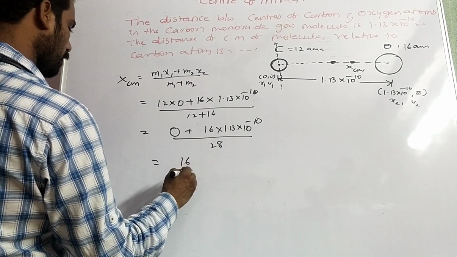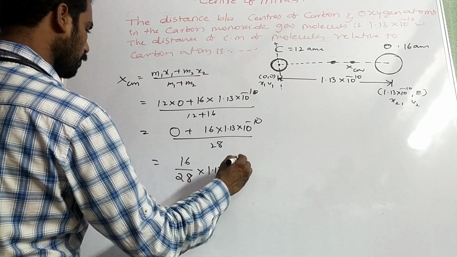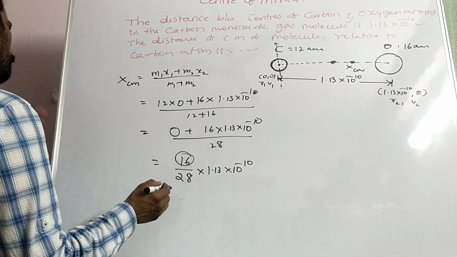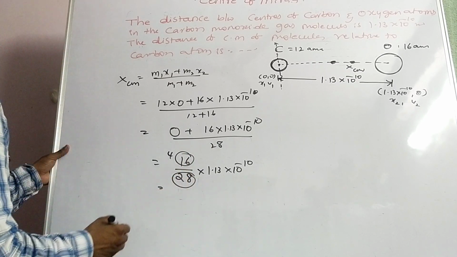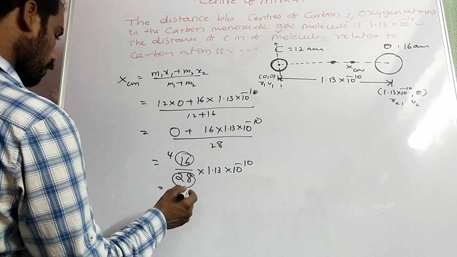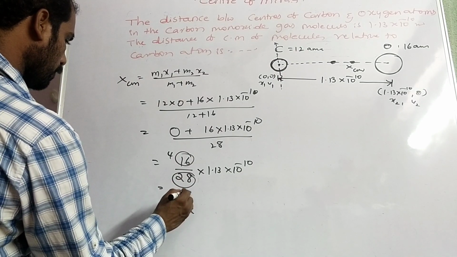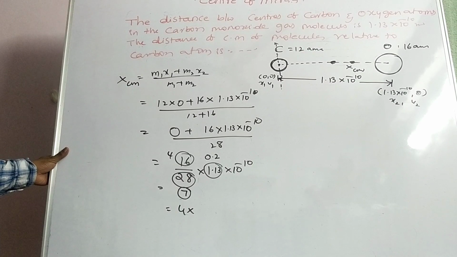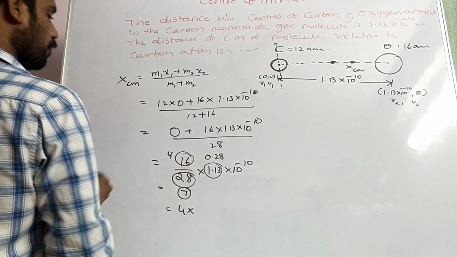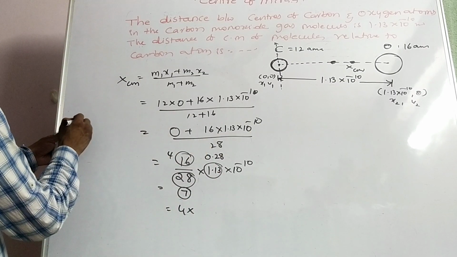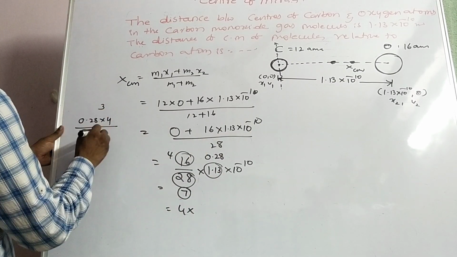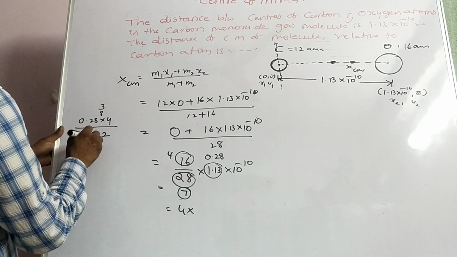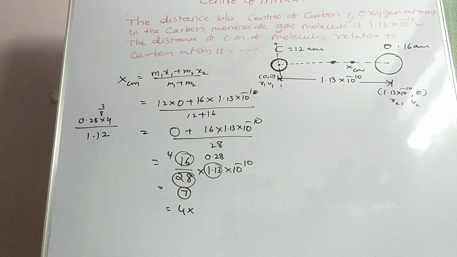So 16 by 28 into 1.13 into 10 power minus 10, which is 4 by 7.